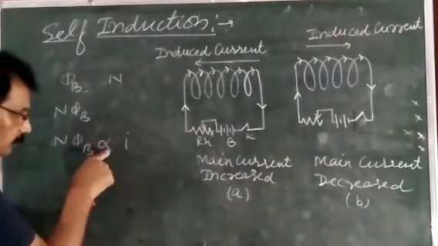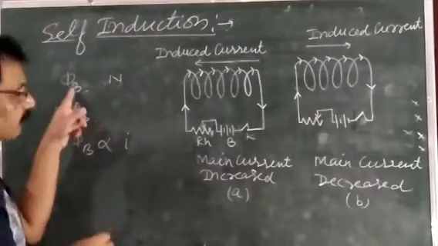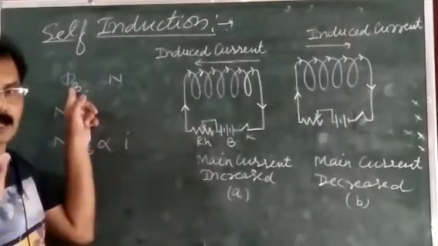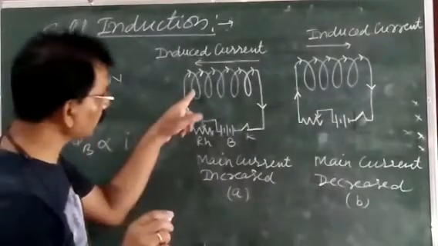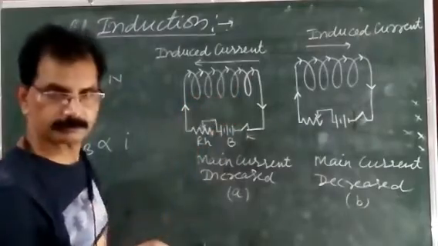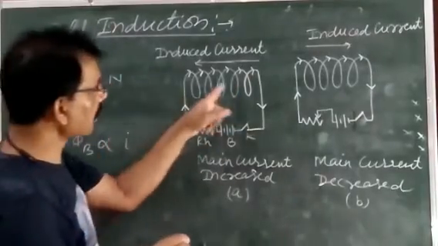And when we remove this proportionality constant, फिर से सुनिए, what is phi B? Phi B is the magnetic flux passing through each turn of the coil. N is the total number of turns in the coil.